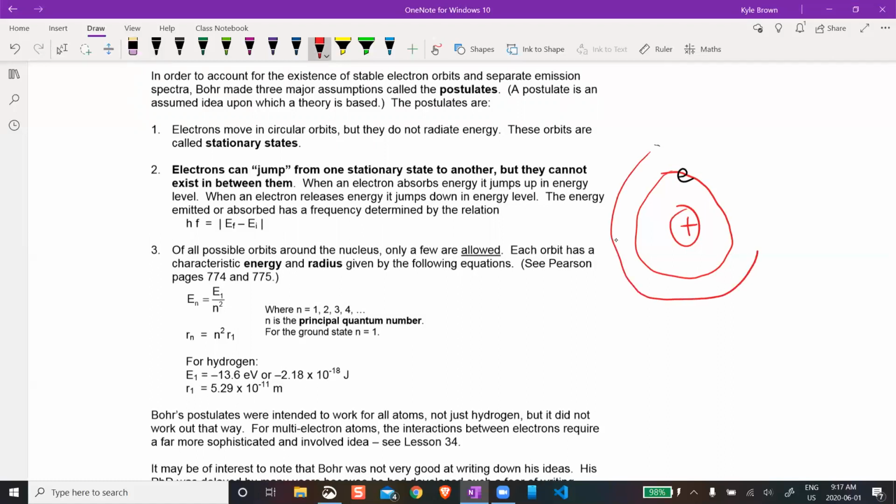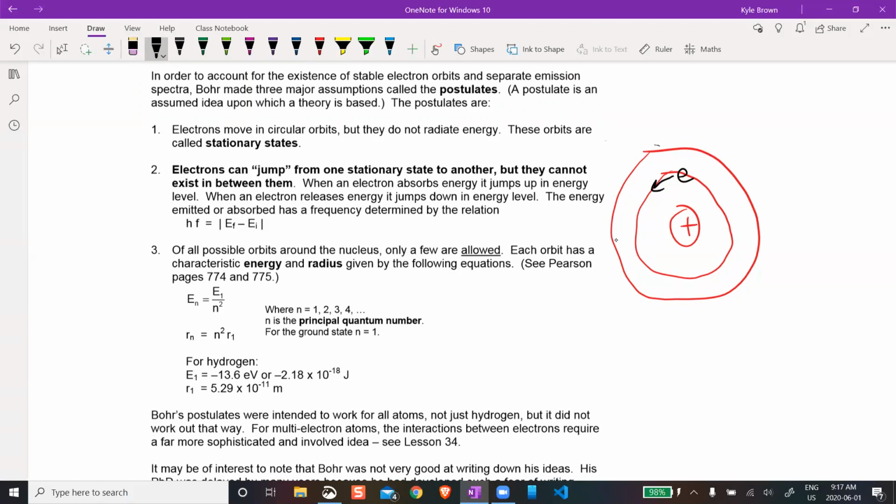He says these electrons actually just keep going around in circles, and they don't radiate energy. This one almost seems like a cop-out, because wasn't that the problem, right? When things are going around in circles, they radiate energy, and it's going to spiral into the center. And he said, well, no, they don't. They're in these circular orbits, but they don't radiate energy.